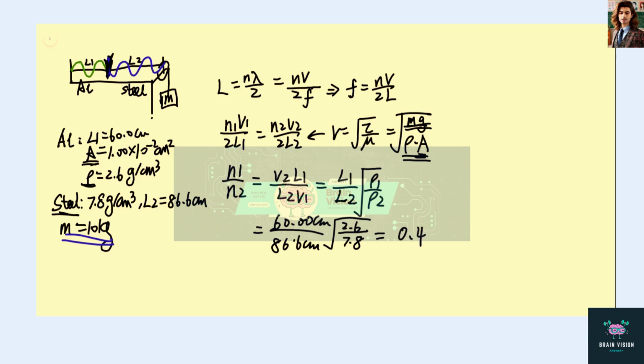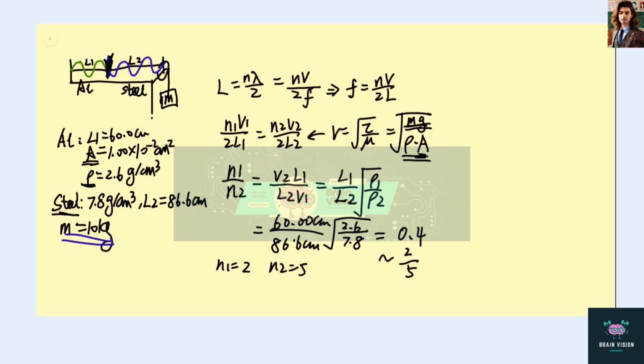So it's 2 over 5. That's the smallest integer ratio. The smallest integers are n1 equals 2, and n2 equals 5. And doing that, we get the tension that is provided.